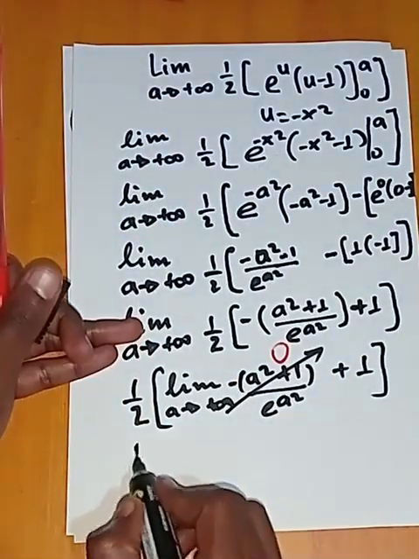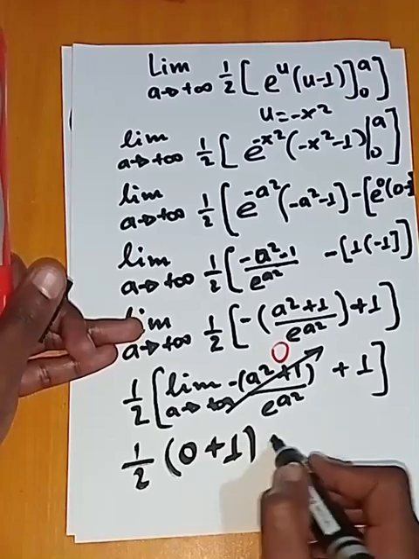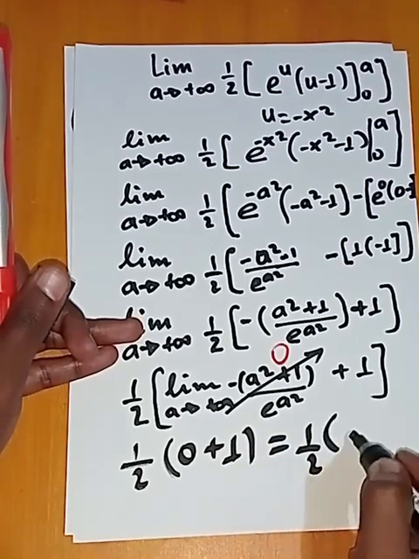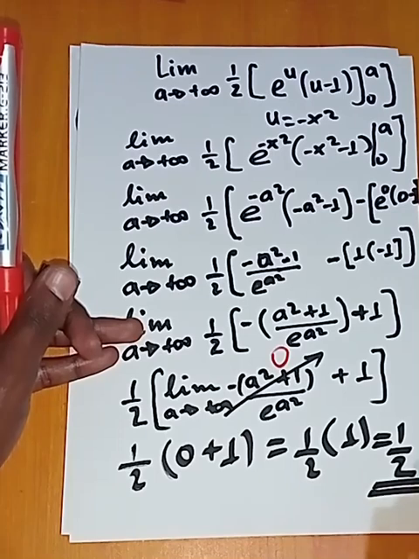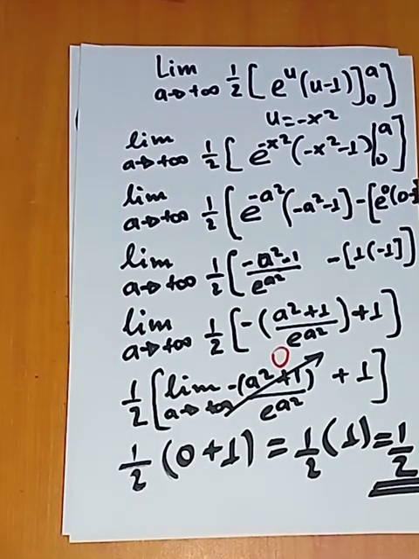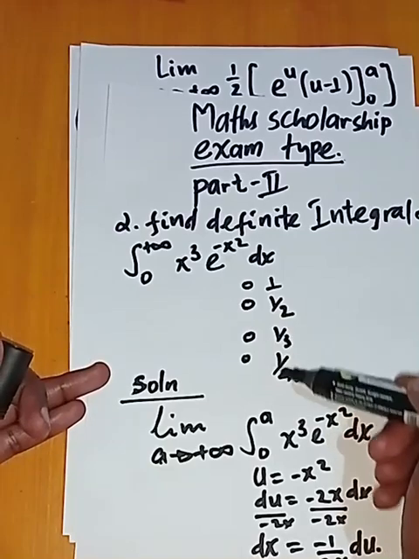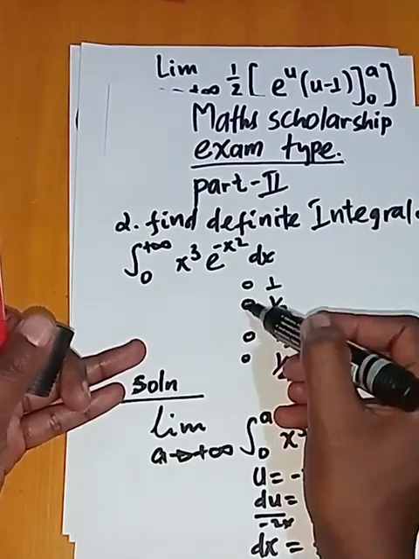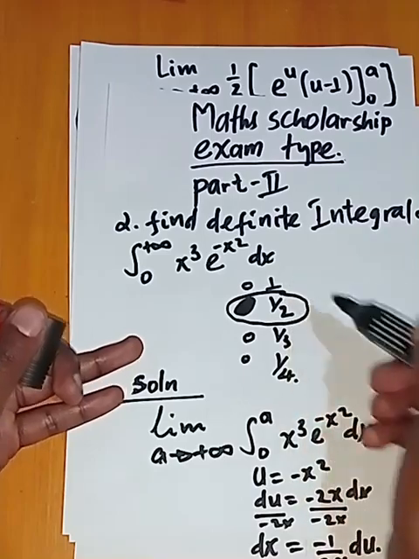So what's left for us is 1 over 2 times 0 plus 1, which is 1 over 2 times 1, equal to 1 over 2. We have this option, so we choose B. This one is the answer.